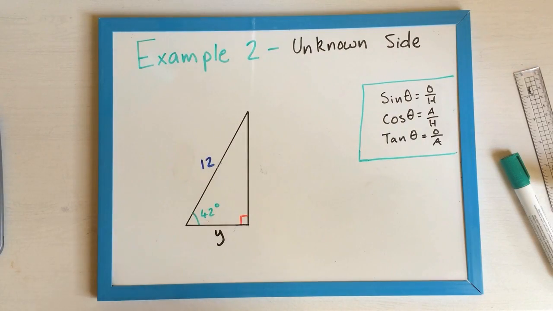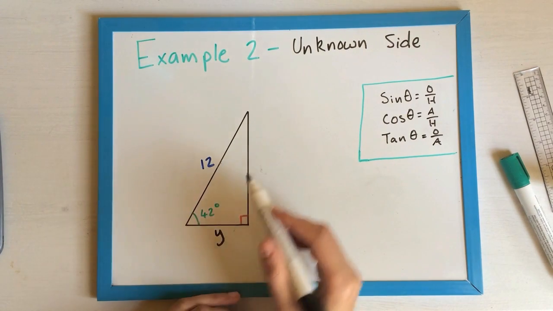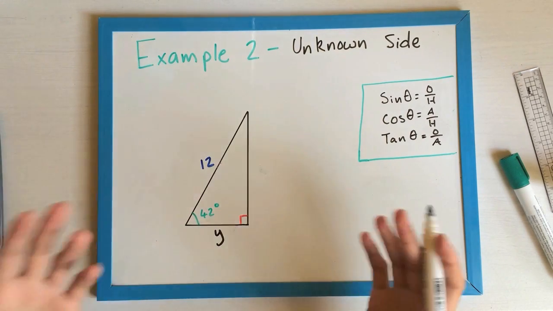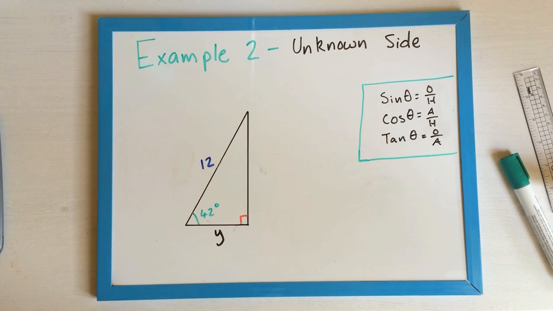Okay, so for this example, we're given a right angle triangle and two pieces of known information, our angle and the length of one of the sides. Now this question is asking to find the length of y. Let's do what we did in the last question and identify each of our sides.